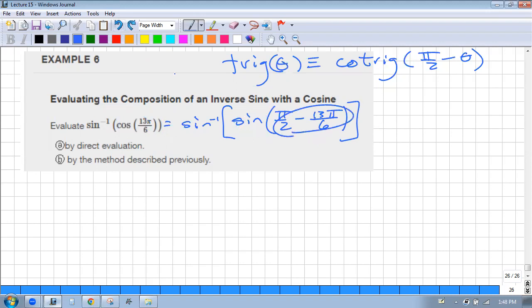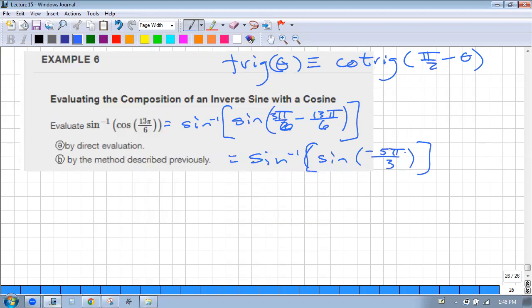So let's see, I multiply the top and the bottom by 3. Okay. This is sine inverse of sine. 3 pi minus 13 pi is negative 10 pi over 6. I can reduce this fraction. Divide the top and the bottom by 2.